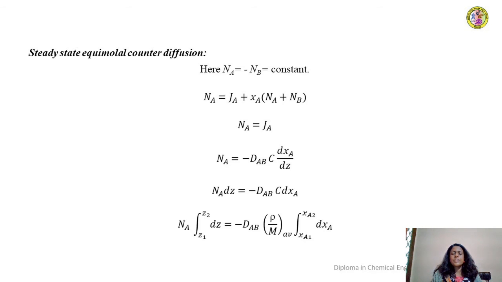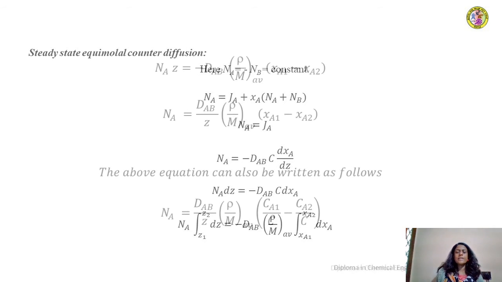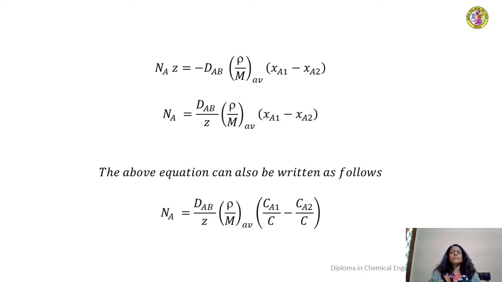Integrating this equation between the limits Z1 to Z2 on the left hand side and XA1 to XA2 on the right hand side, we get the equation as NA into (Z2 minus Z1), or NA Z, on the left hand side. On the right hand side it is minus DAB, and C can be written in the same way as in the previous case as rho by M average, then inside the bracket it is XA1 minus XA2.